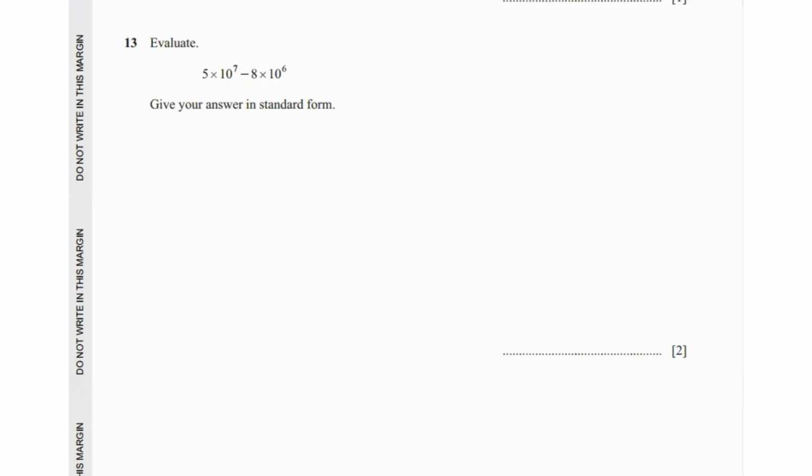Both 5 times 10 to the power of 7 and 8 times 10 to the power of 6 have 10 to the power of 6 common. So we take 10 to the power of 6 common, and for 5 times 10 to the power of 7, we're left with 5 times 10. And for 8, we're just left with minus 8.